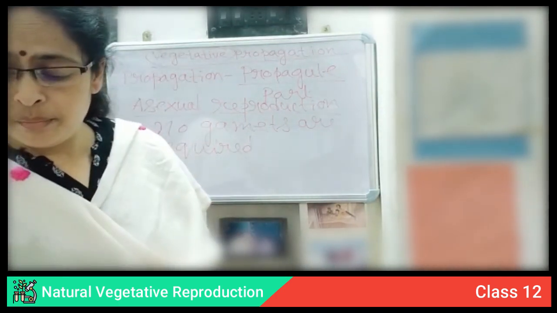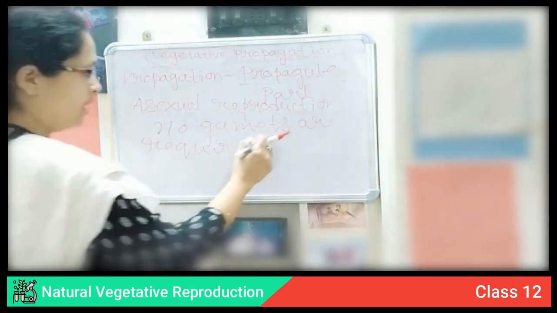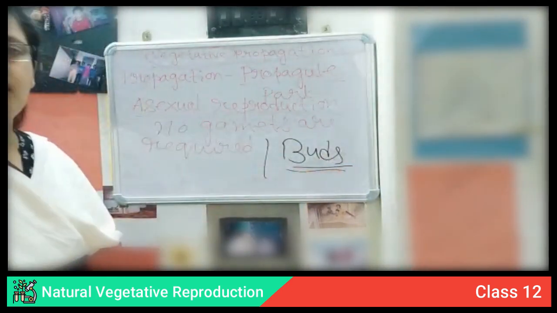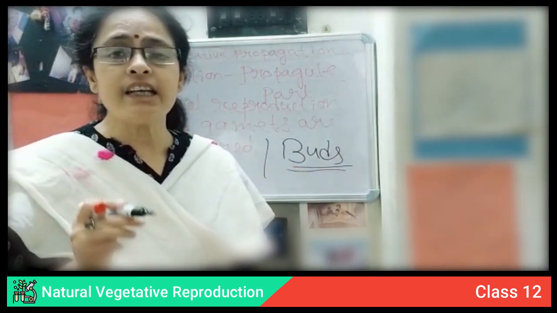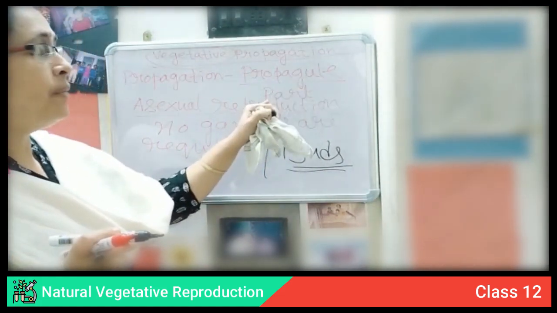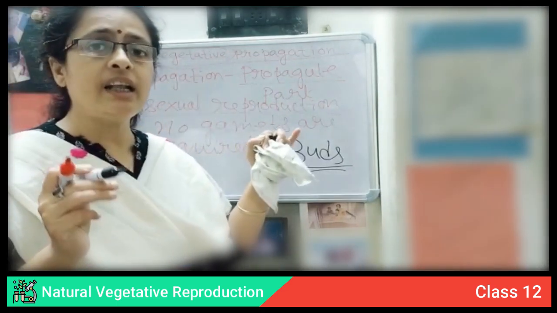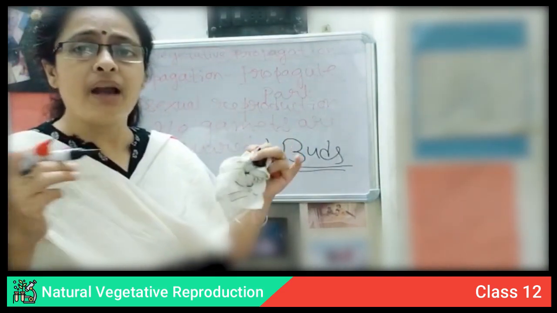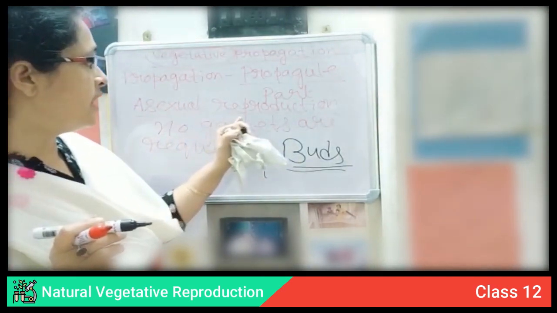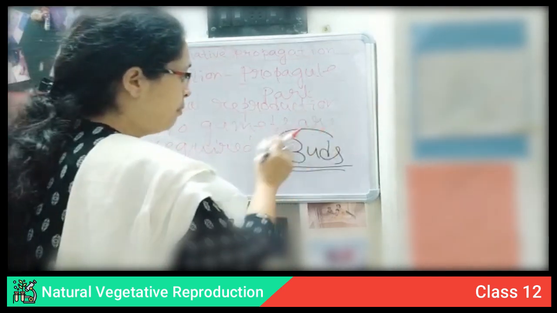Only buds are required for vegetative propagation. The word propagation comes from propagule, meaning part, and vegetative comes from plant. So the reproduction that occurs by the part of a plant is called vegetative propagation. It is also an asexual reproduction, because no gametes are required and only buds are required.